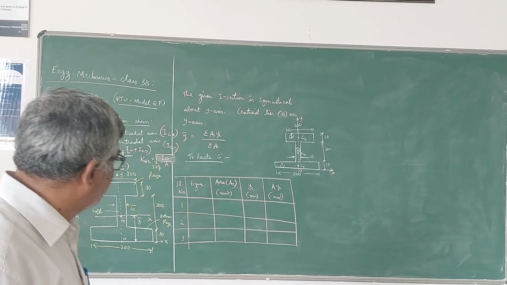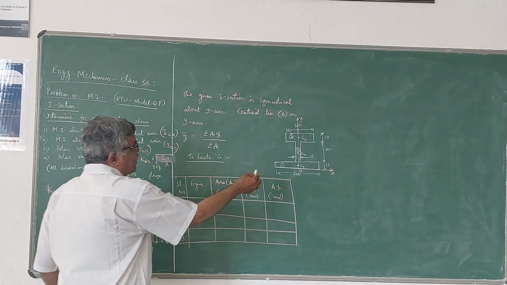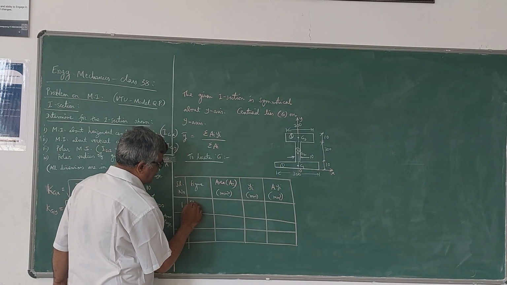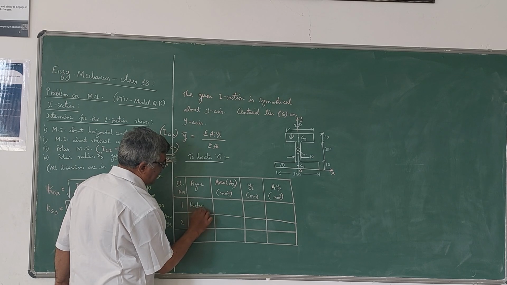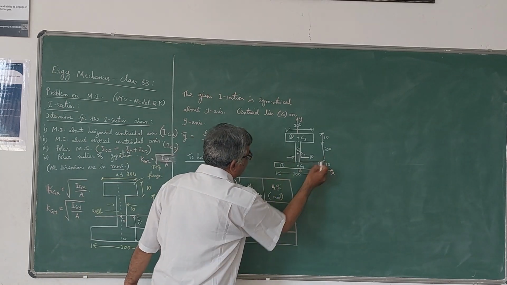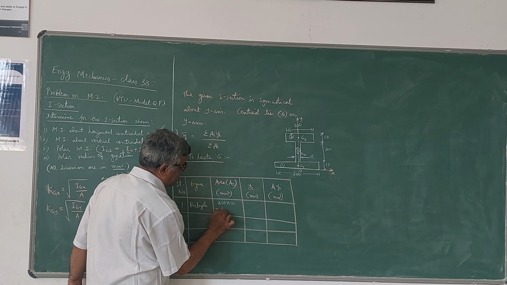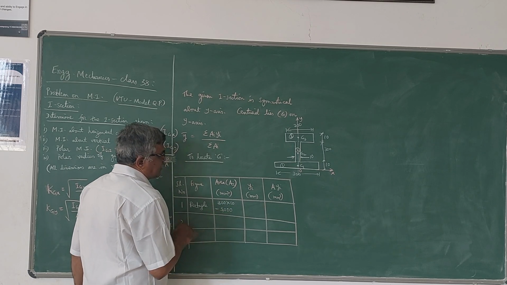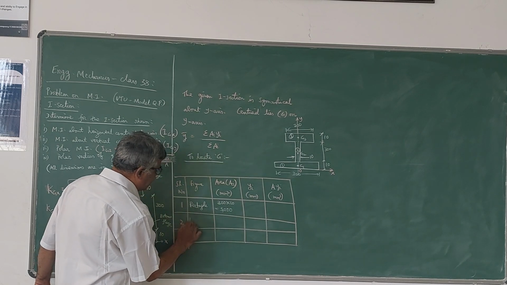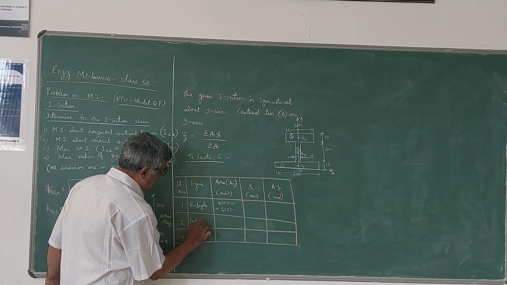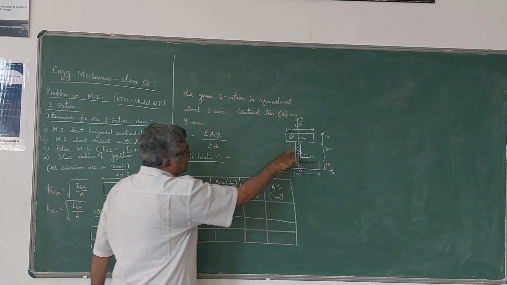Here, the first one is a rectangle. Area is 300 into 10, that is 3000 millimeter square. The second one is also a rectangle, the web piece.